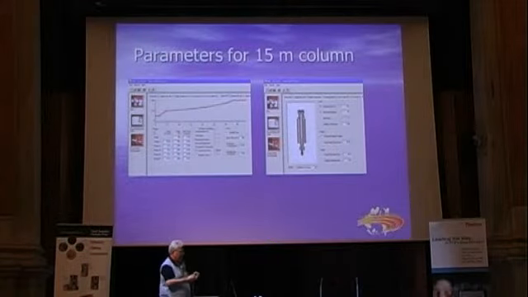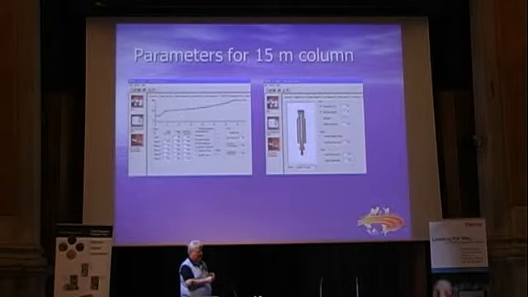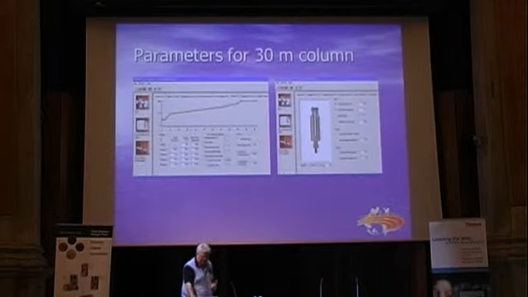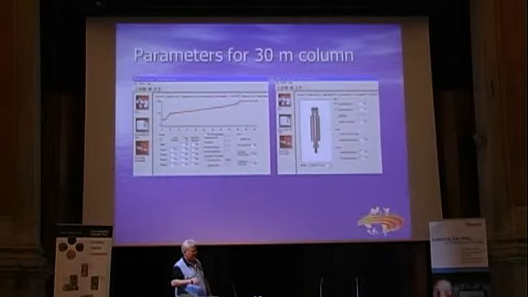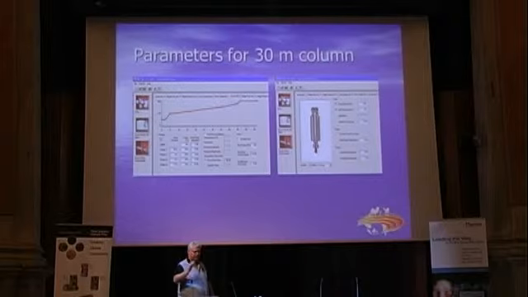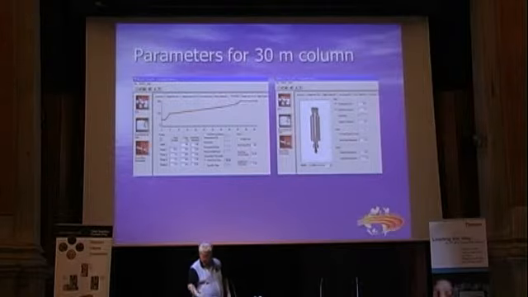But the key thing is the first minute and a half of having a pressurized pulse in there. Same is true for a 30-meter column. Slightly different. You also notice that the injection temperature, we only go to between 230 and 240. You don't need high temperature in there. As a matter of fact, high temperature is detrimental to your injection. Keep it low.